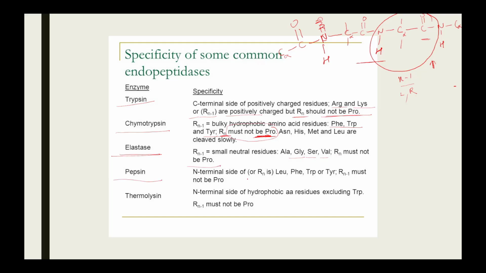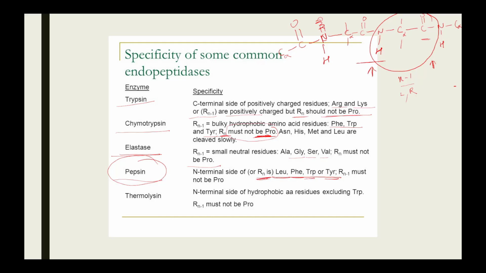So N-terminal site of Rn. So that includes leucine, phenylalanine, tryptophan or tyrosine. So pepsin cleaves at the N-terminal side of these listed amino acids. So pepsin action will be towards the N-terminal side. Or we can also say Rn is leucine, phenylalanine, tryptophan or tyrosine.